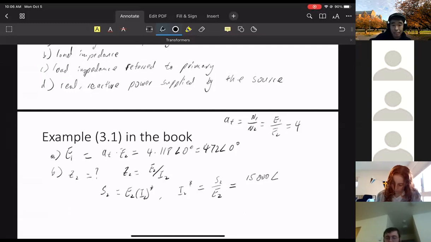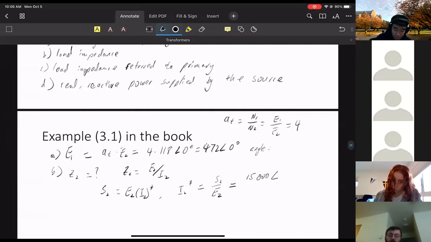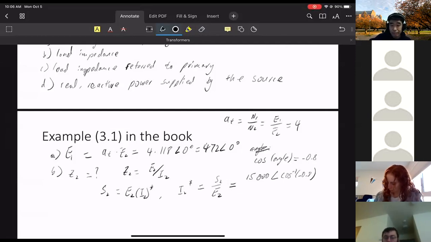We know the cosine of the angle of the power is minus 0.8. The power factor lagging means the cosine of the angle is 0.8. So here we have cosine inverse of minus 0.8, and whether you get it, this minus sign doesn't matter. So you can divide out this 118 and go 0.